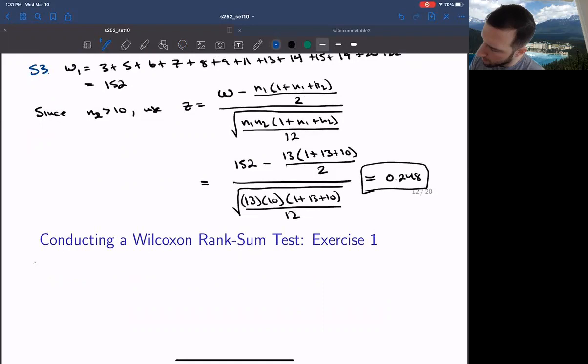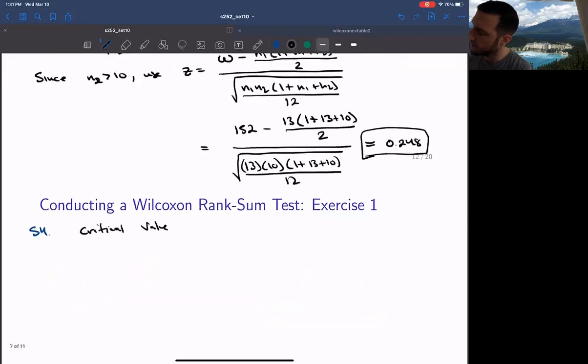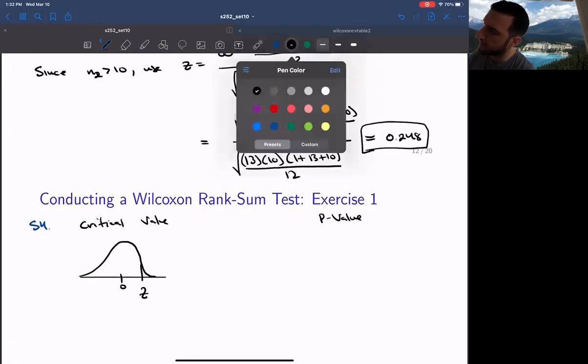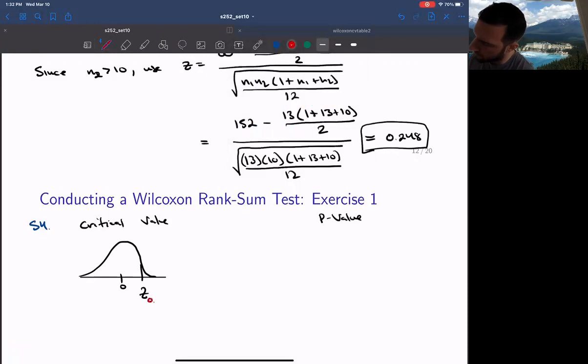Okay. So now step 4, this can be done in the usual ways, right? So we can take the critical value approach, or we can take a p-value approach. Okay. So it's an upper tail test at the significance level of 0.05.